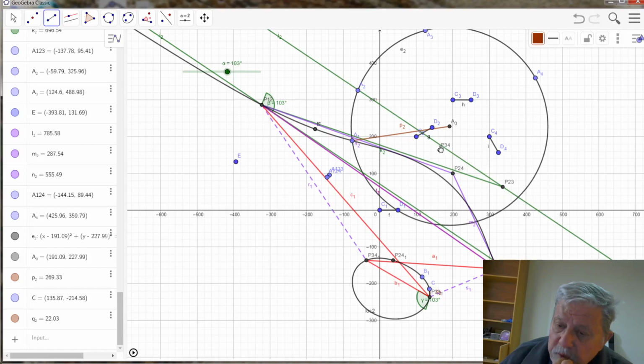Now, if I prefer to select A0, B0 first, what I would do is use the poles themselves, not the images within the first position, but the poles themselves.